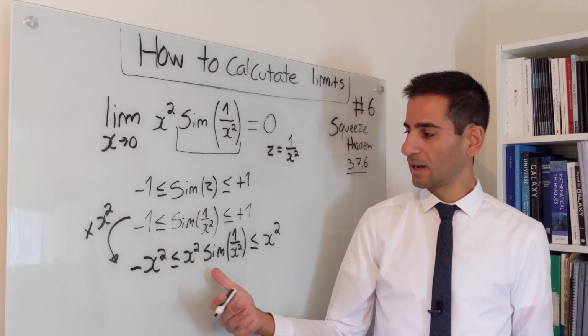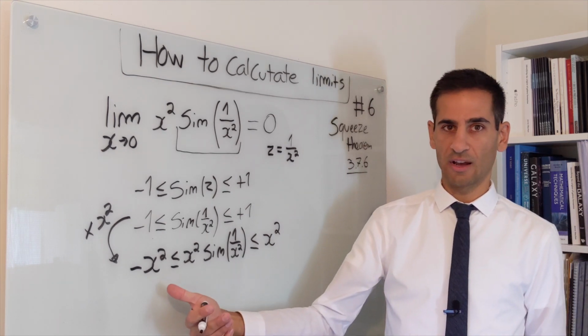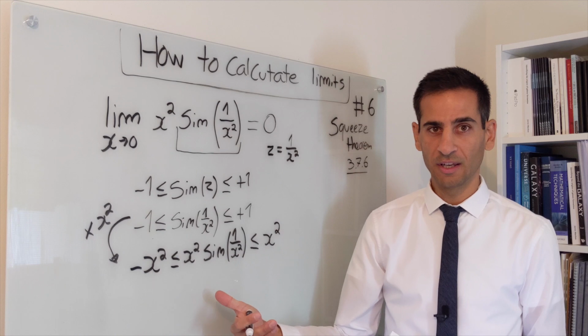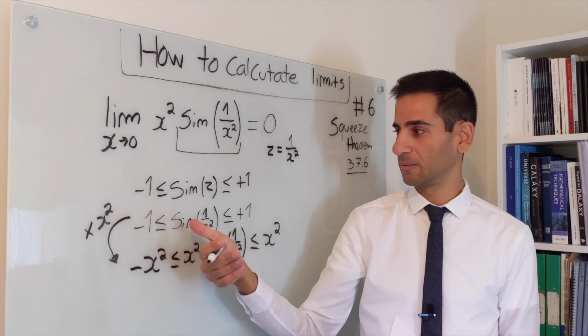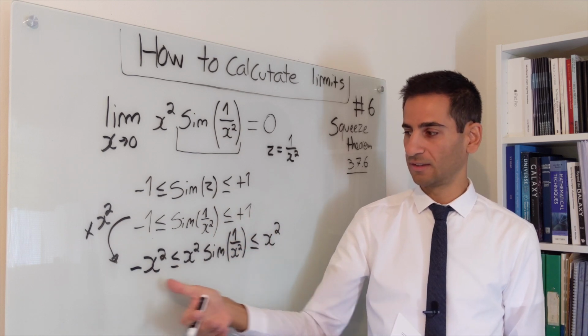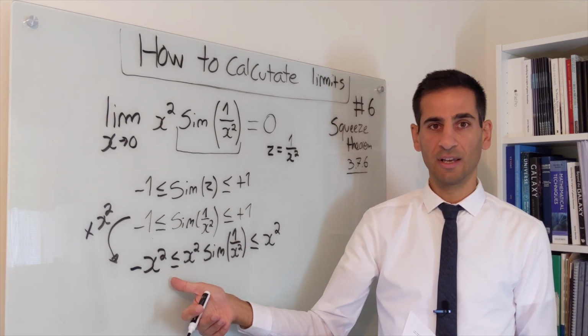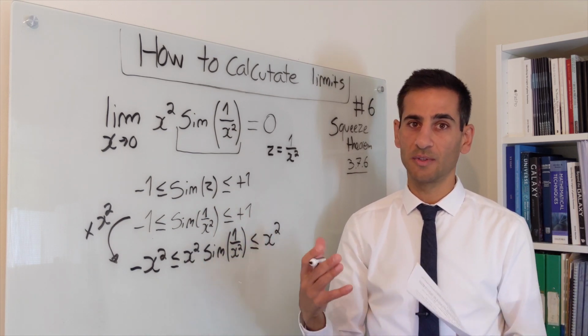Now the great thing about this is if you have some sort of relation, you can always take the limits. So you can take the limits in the same way that you'd be multiplying everywhere. You can take the limits everywhere and the inequalities or relations will still hold.